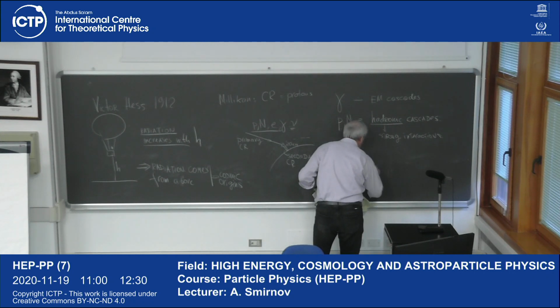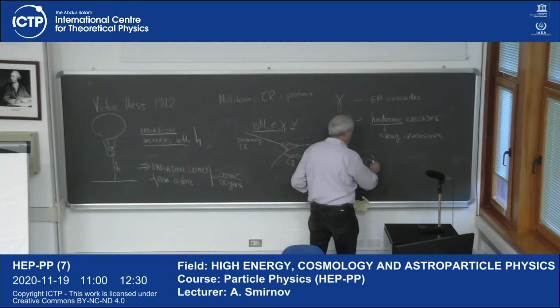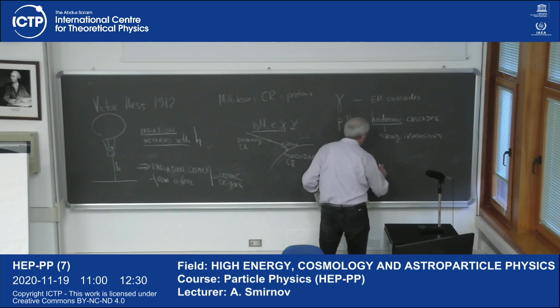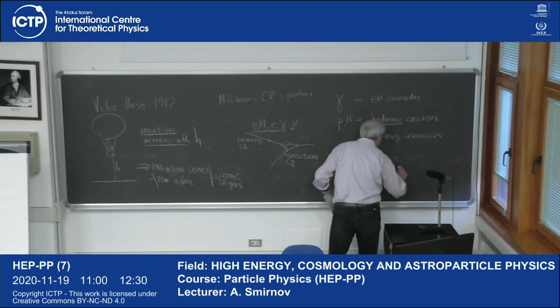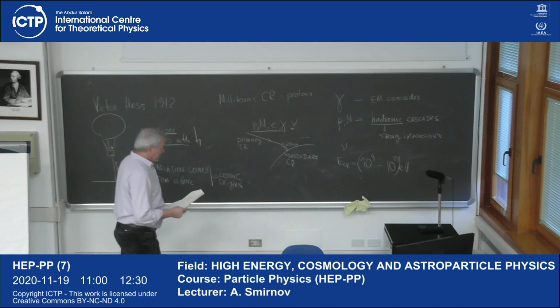Of course, there are also lower energies, but what has been detected is from 10 to the 9 to 10 to the 21 electron volts. Huge energies of primary particles have been observed.